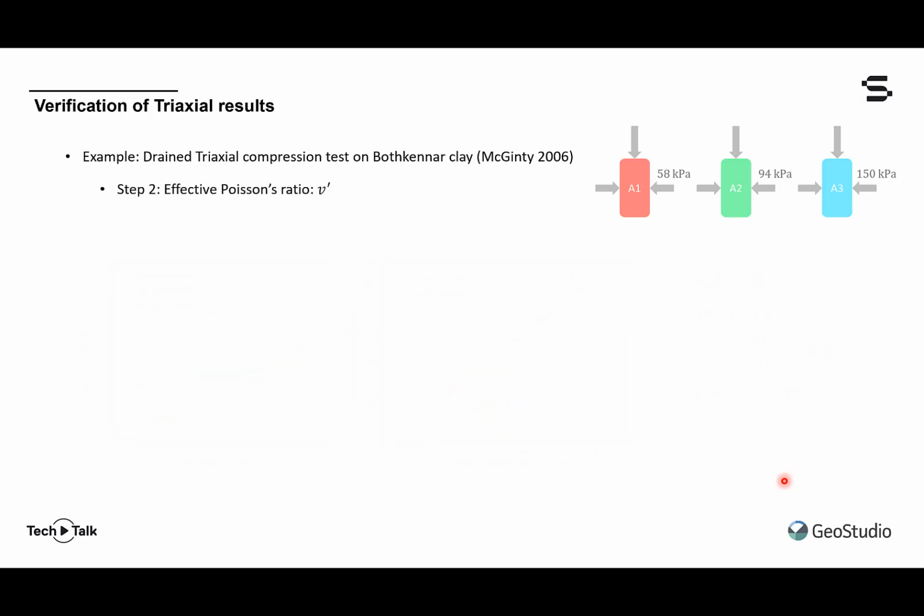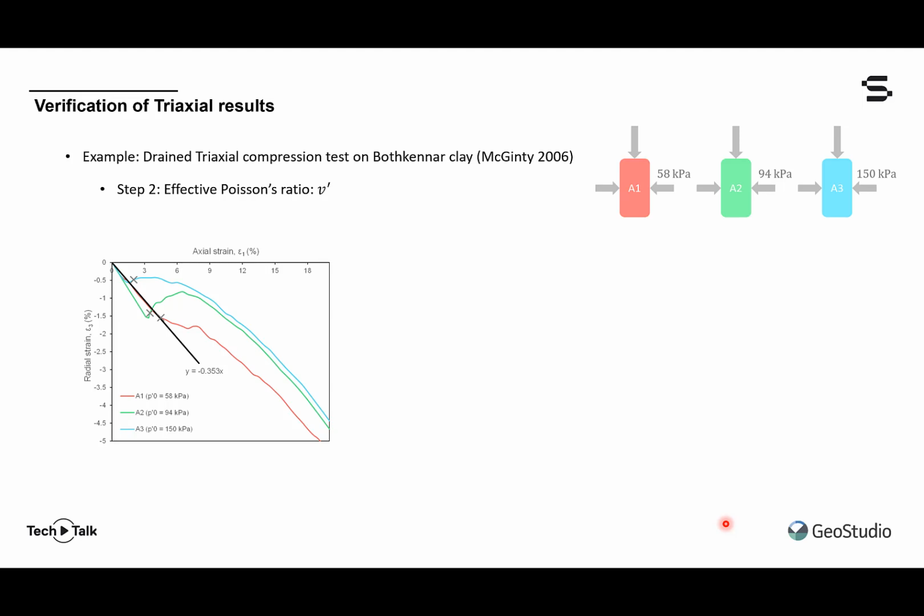The second step was the determination of Poisson's ratio. In this plot right here, we are showing the axial versus radial strains. The sample response, you can see, is almost linear before the yield surface was engaged, as marked by the symbol X. And so it's the data prior to the X's that must be used to determine the elastic effective Poisson's ratio.